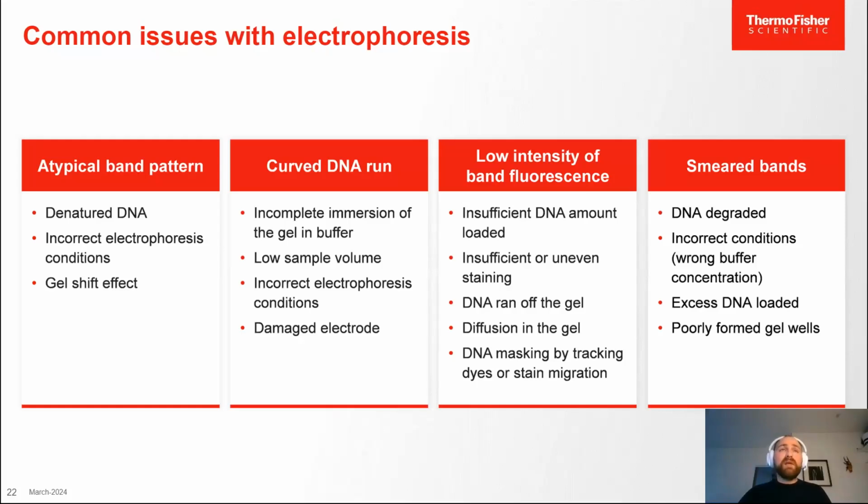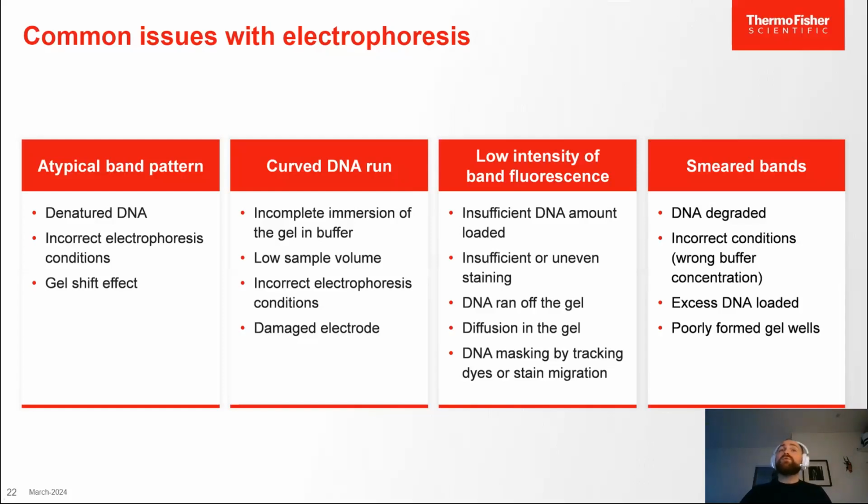So atypical band patterns are usually caused by denatured DNA, incorrect electrophoresis conditions, so buffer not prepared well, or damaged wells. Also, gel shift effect can happen during the atypical band pattern. Then we have curved DNA runs. So this is incomplete immersion of the gel in the buffer.